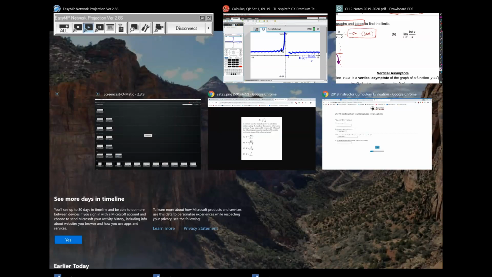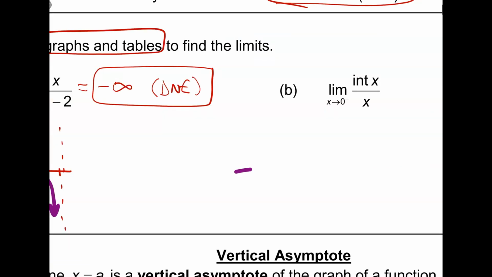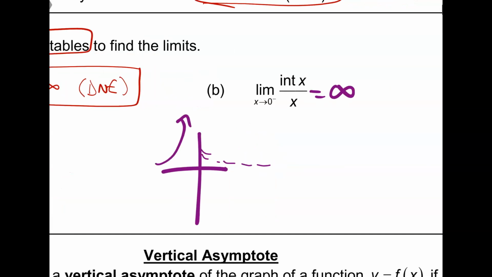Okay, so we see roughly what it looks like. What happens as we approach 0 from the left side? It approaches positive infinity. So we say it does not exist. Why use a calculator? Here it says use a graph or table. As I approach from the left side, it's going to positive.